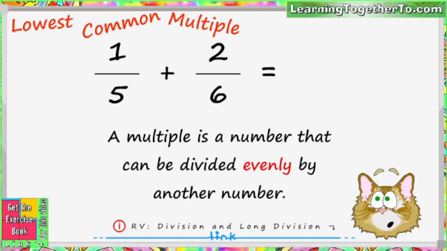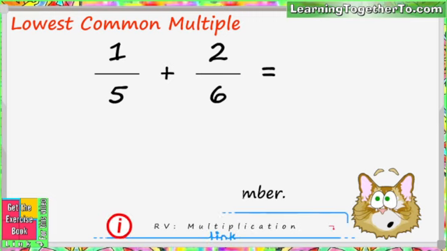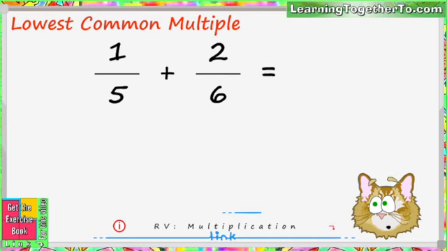To find the lowest common multiple between 5 and 6, we need to go over multiples of 5 and multiples of 6.